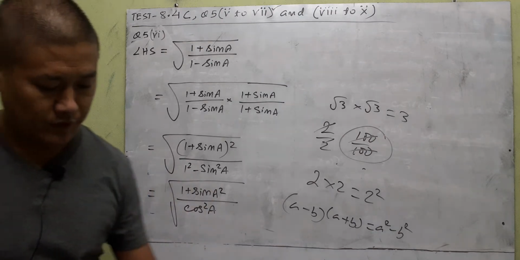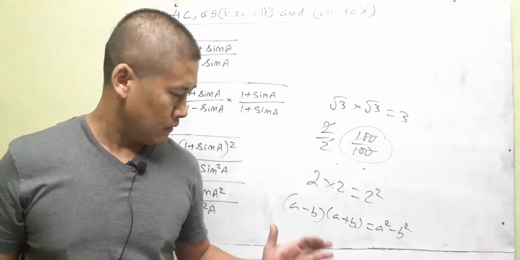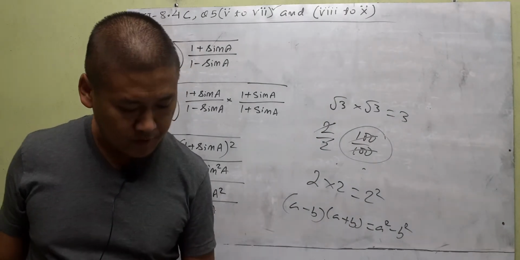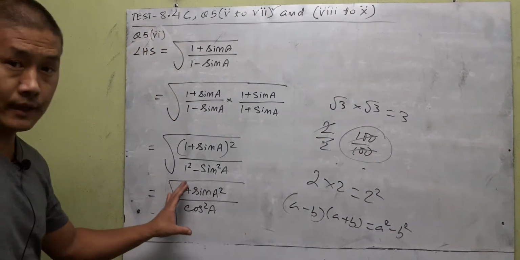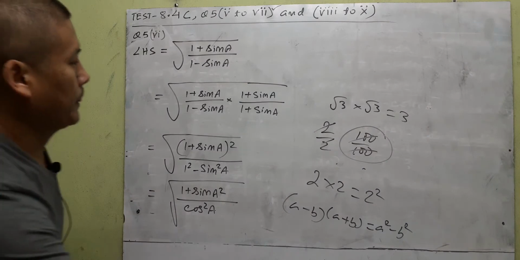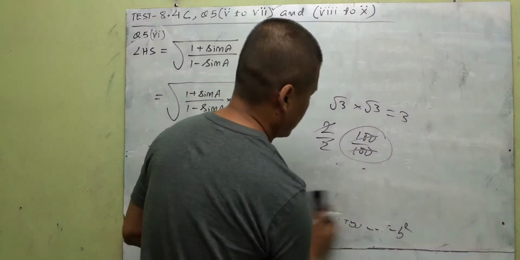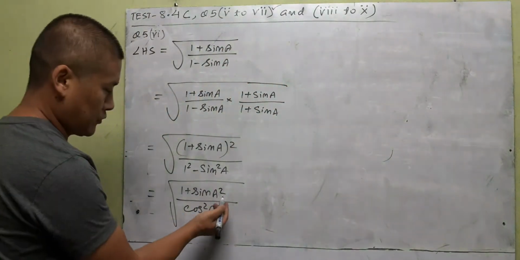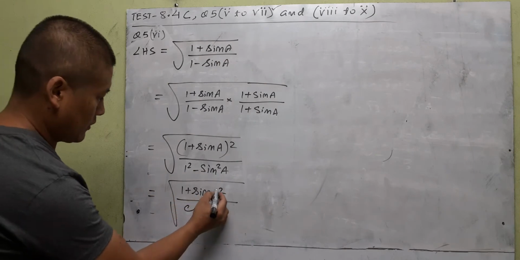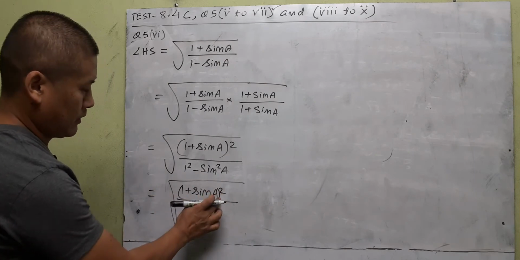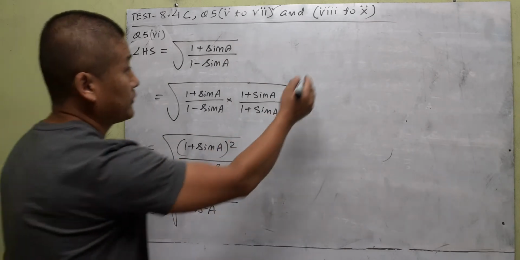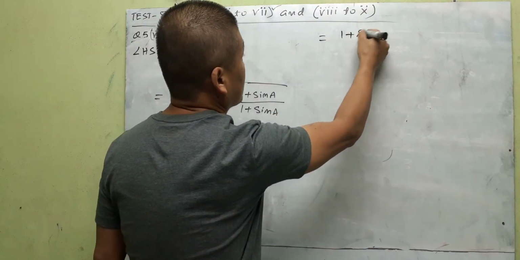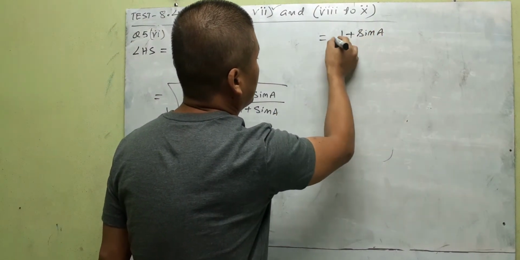Again, keep the right hand side in mind. We're halfway through, so let us remember, we are trying to get sec A plus tan A. Next, everything is squared now, so the whole thing squared removes the root, so there will be 1 plus sin A in the numerator, no more root.